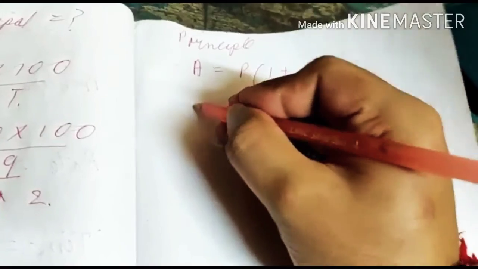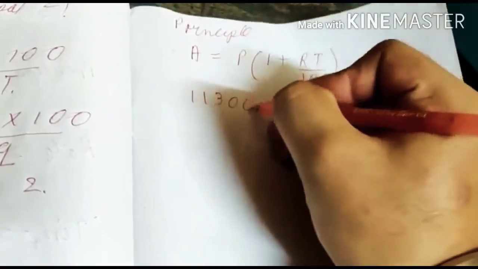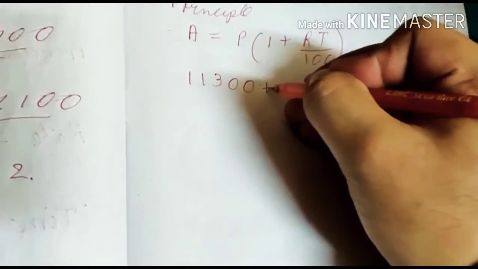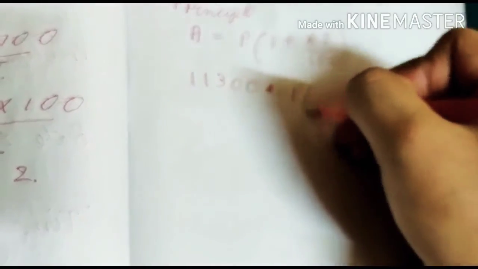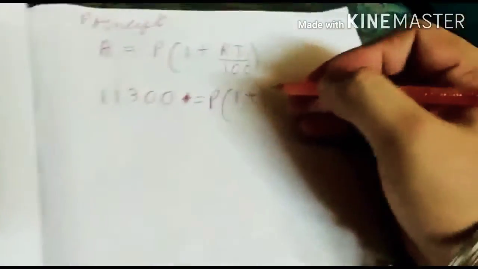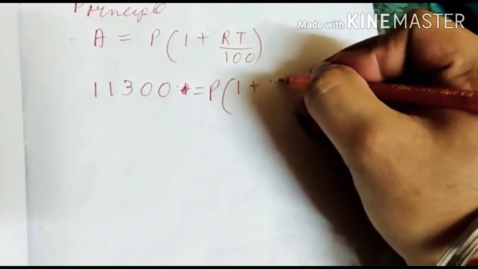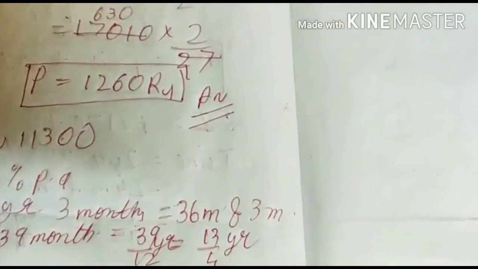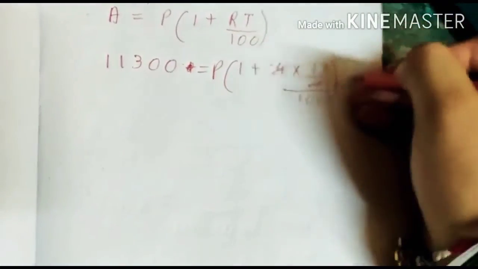So amount is 11300 equals P, which is unknown, into 1 plus R here is 4%, time is 13 upon 4, upon 100. This 4 is reduced by this, we are left with 13 upon 100.